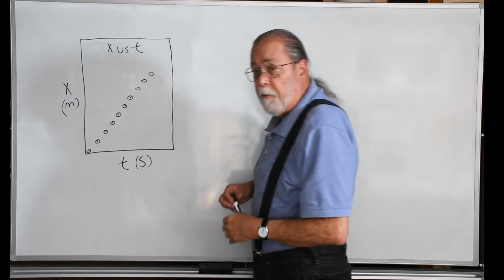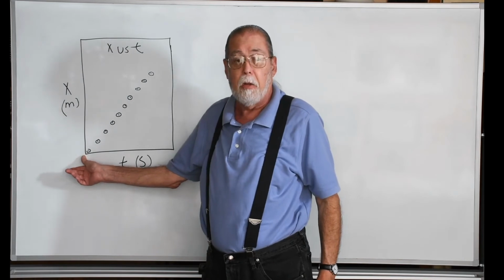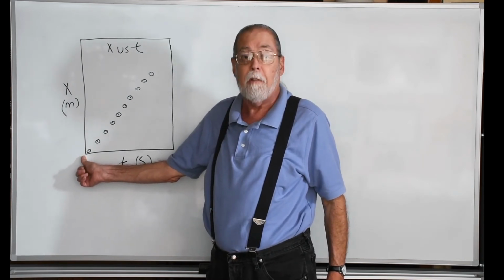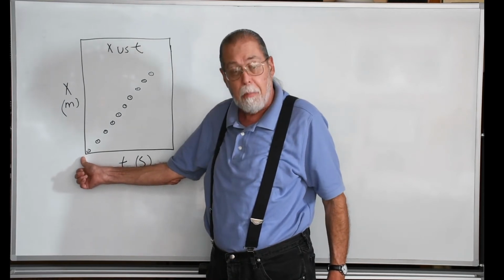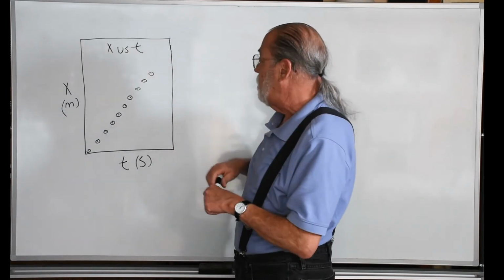And do not force the line to go through the origin. The intercept of the best fit line may not be 0, and you should not force it to go through the origin. You want the line that best balances on all of these.